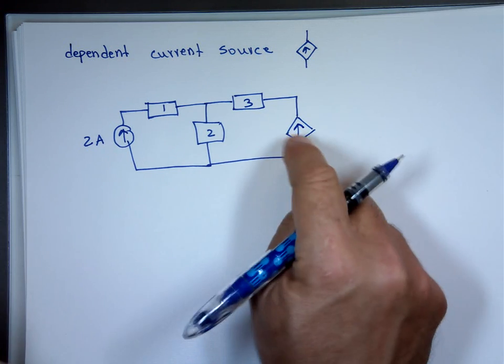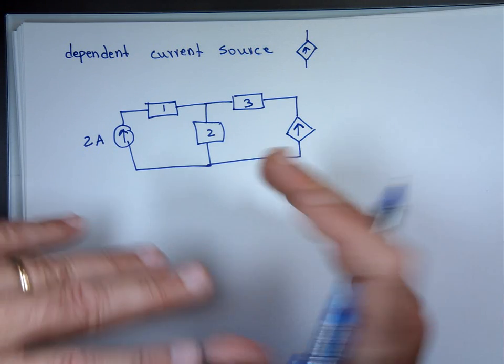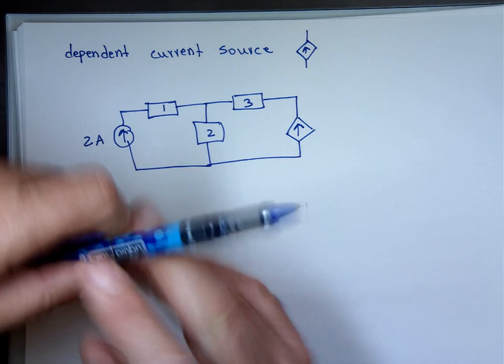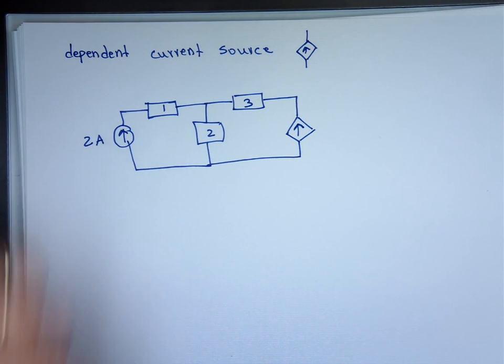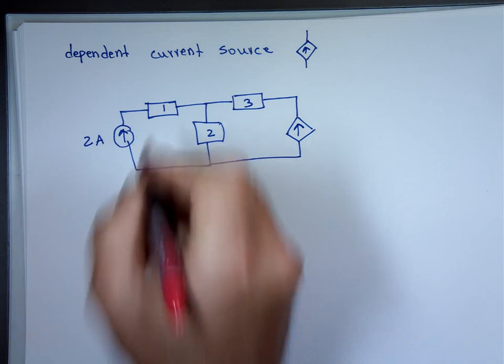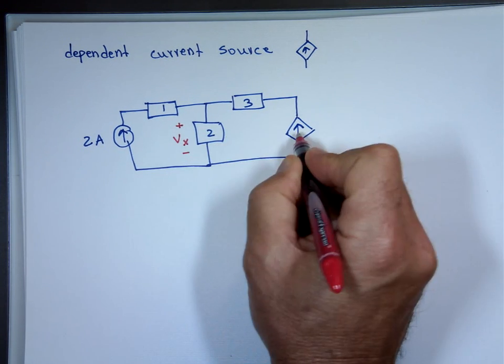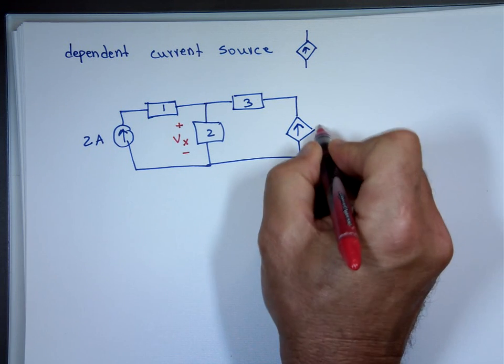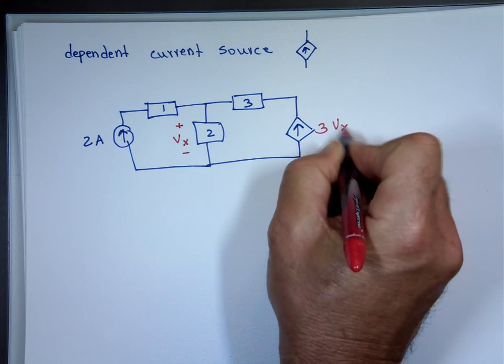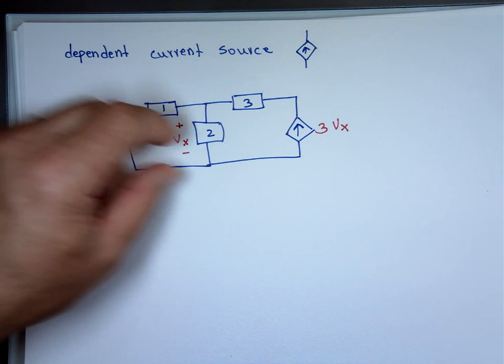And I can make the value of that dependent current source depend either on current or on voltage. It depends on the design I have, what I'm using for instruments or devices. So for example, if I call this voltage Vx, I can make the value of this current source 3 times Vx. It is a current source, but the value of that is 3 times whatever the voltage is right here.